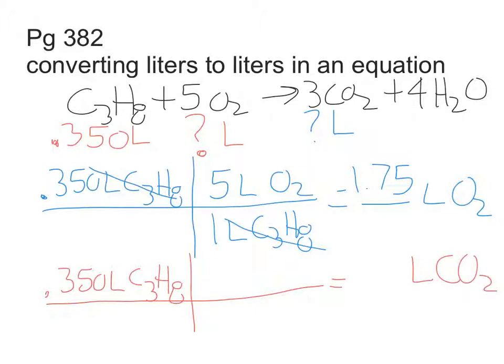I often refer to it as the liter ratio. Same thing. Where you're going goes on top. 3 liters of CO2 goes on top. Where you came from, 1 liter C3H8 goes on the bottom. So therefore, our liters of C3H8 will cancel out. And so we need to take 3 times 0.350, and we get a number like 1.05.